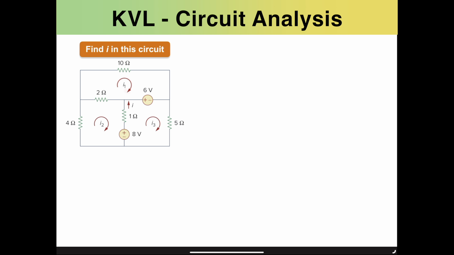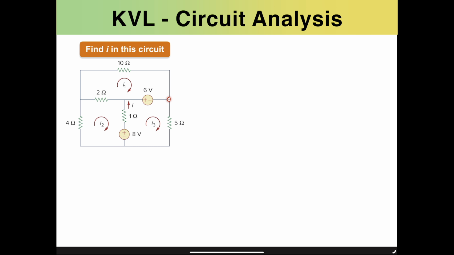In order to use KVL for this, we also need to consider the amount of current passing through each element, because that is what creates the voltage drop through that element. If you assume that I1 is rotating clockwise on the top loop, I1 holds true when it is passing through 10 ohms.